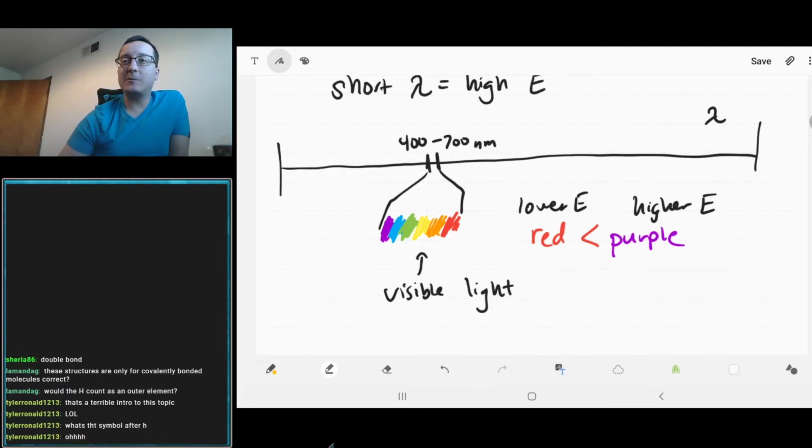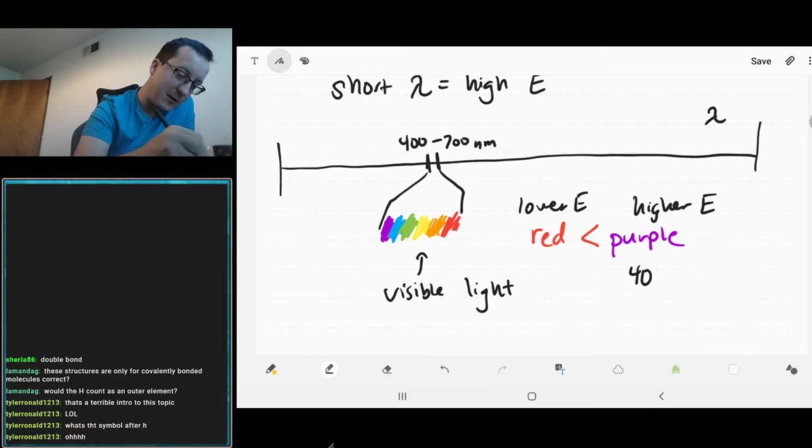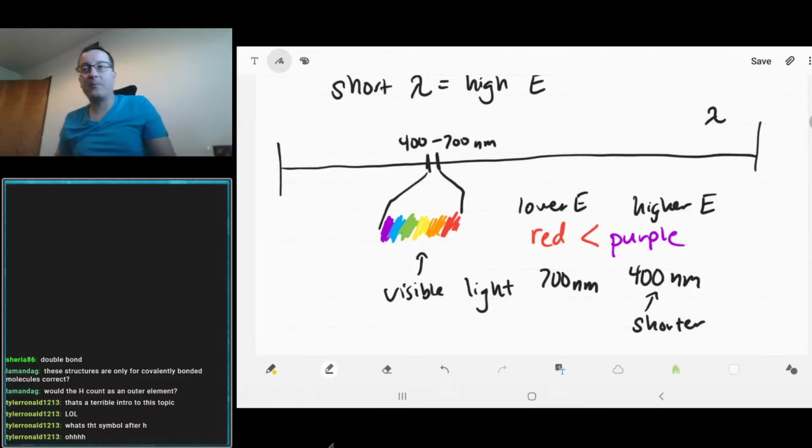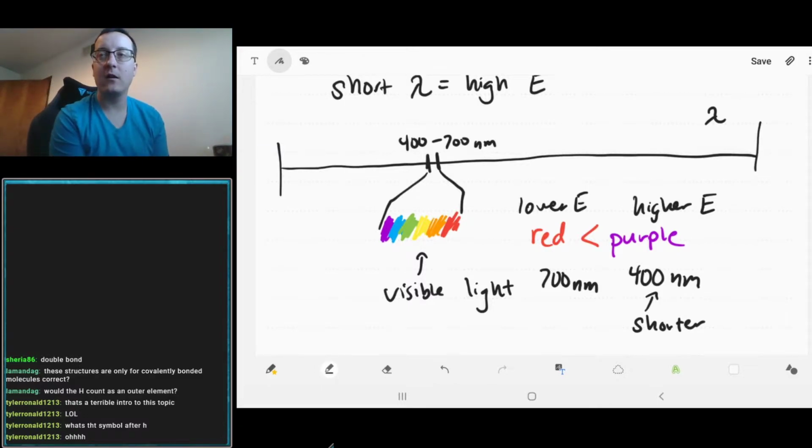And we can tell this because the red light, which is going to be towards the 700 nanometer range, is going to have a longer wavelength than the purple light, which is about 400. So if you think about it, 400 nanometers versus 700 nanometers, this one is shorter, right? It's shorter length. And so as a result, it's going to have higher energy.